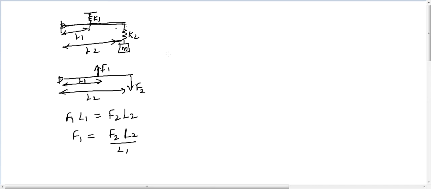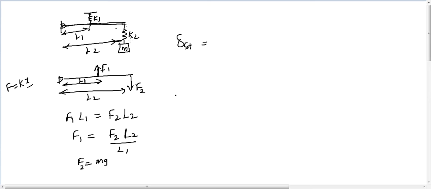But we know that F2 is the force at this location, which is nothing but mg. So our static deflection, delta static, is equal to the deflection in the springs. We have the equation F is equal to k into x. The deflection is force by k, so here it is mg by k2, plus the deflection from the first spring.